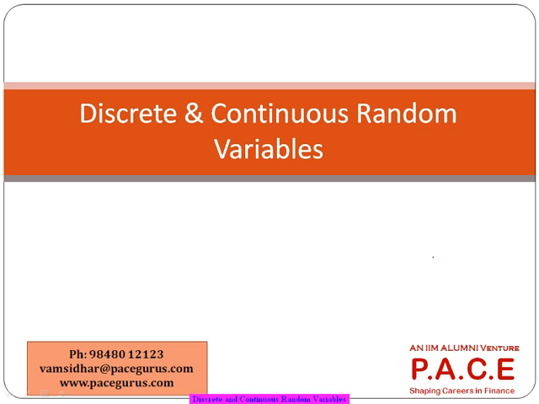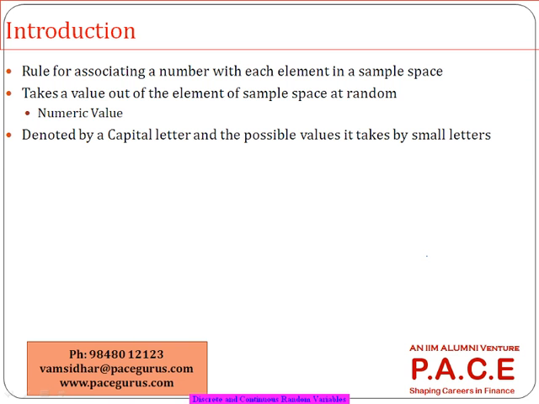But I don't know which one will come. On a random basis, one of those 6 values is going to come. That means when I throw a dice, getting a value on the dice, I can call it a random variable. A random variable x is nothing but getting a 1, getting a 2, getting a 3, getting a 4, 5, 6.